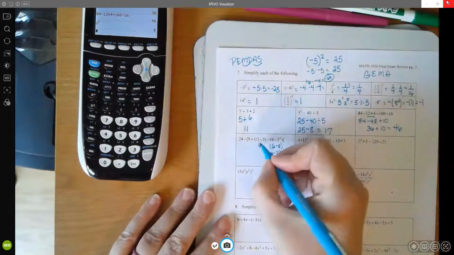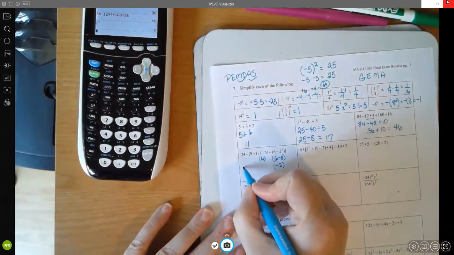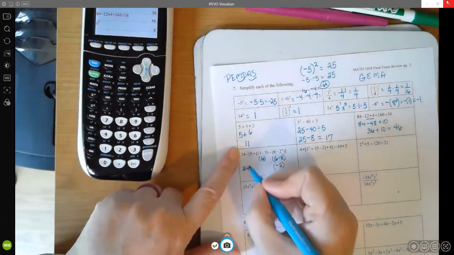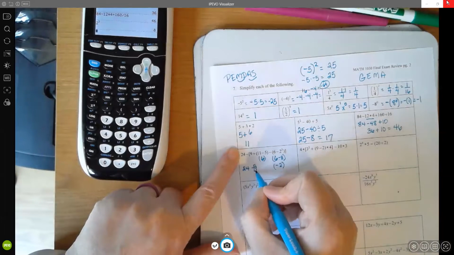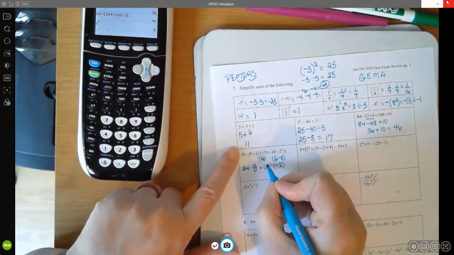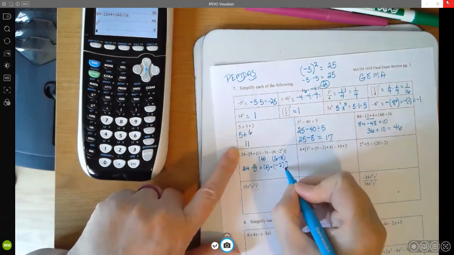Now I'm going to keep this inside the parentheses as well and bring down the parts that I haven't used. I haven't used the 24. I'll bring it down. I haven't used the 9. It's inside that bracket. Plus, inside the parentheses is 6. Then that subtract, and then it's in here.